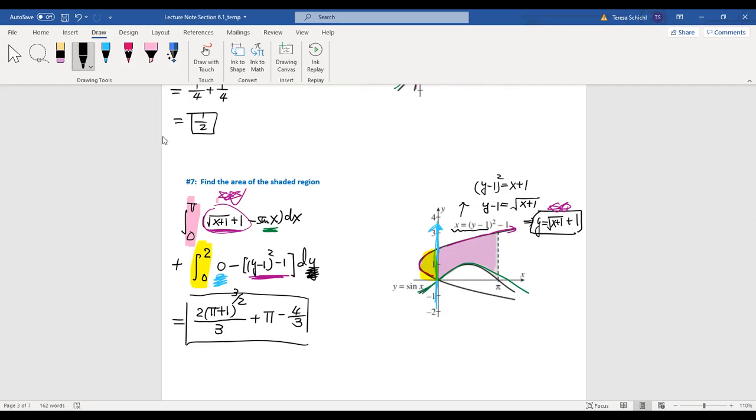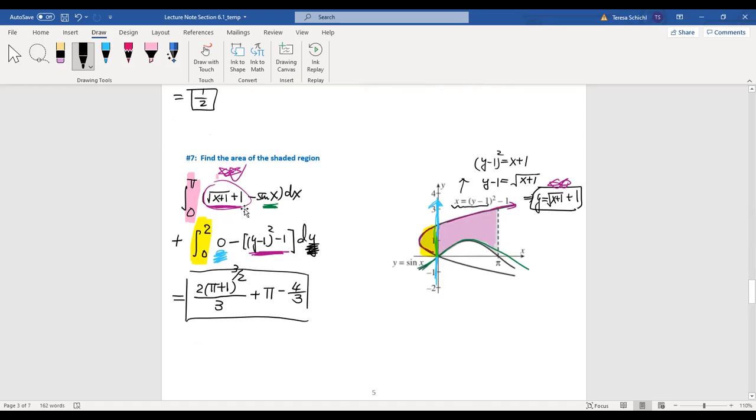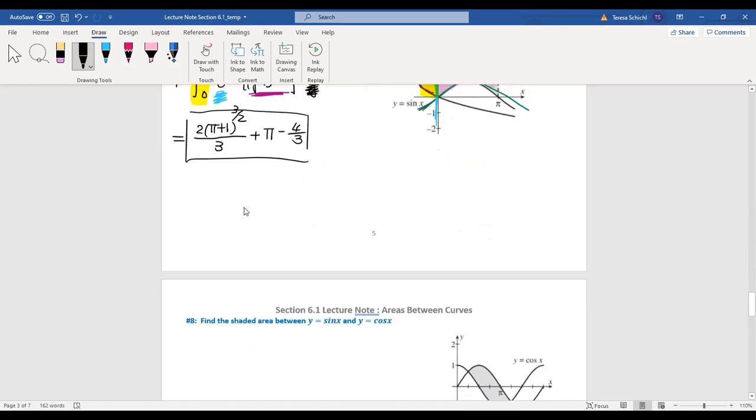I have confidence you should know how to do it, right? This was not too bad. That's what you learn at the end of Calculus 1, how to do the integration.